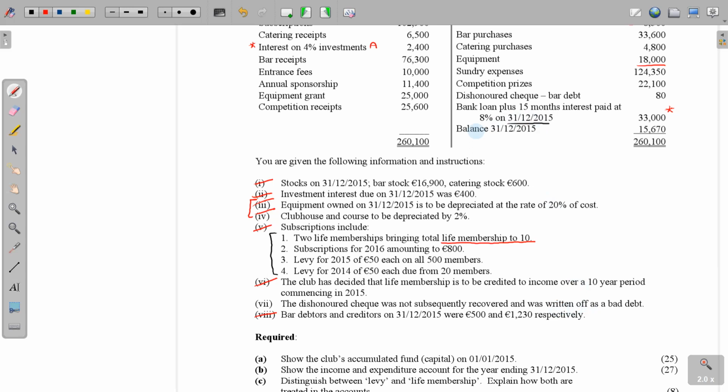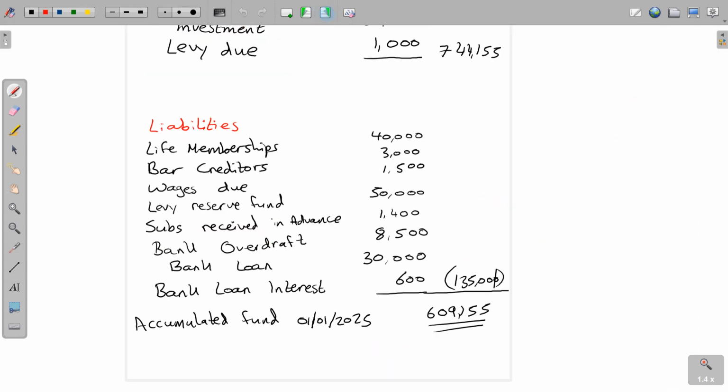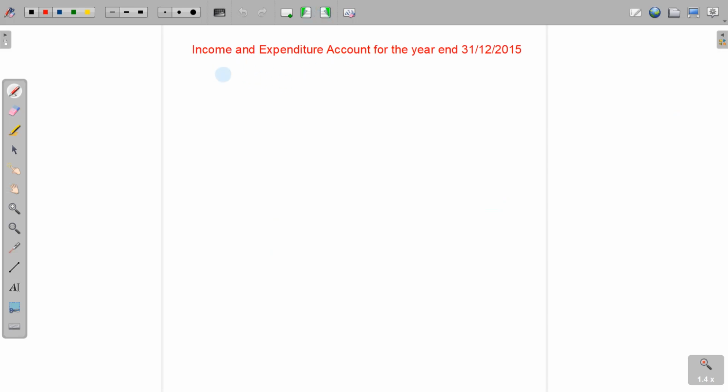Maybe they've left the country or left the local area, or you never see them anymore, and you're like, do you know what, it's not worth chasing them. It's 80 euro, we're just going to write it off as an expense. So all you're basically doing is in the income and expenditure, you're going to put the 80 euro in as an expense. So with that, we will do exactly that now. So income and expenditure account, income, and I'll just down here, I'll do expenditure.